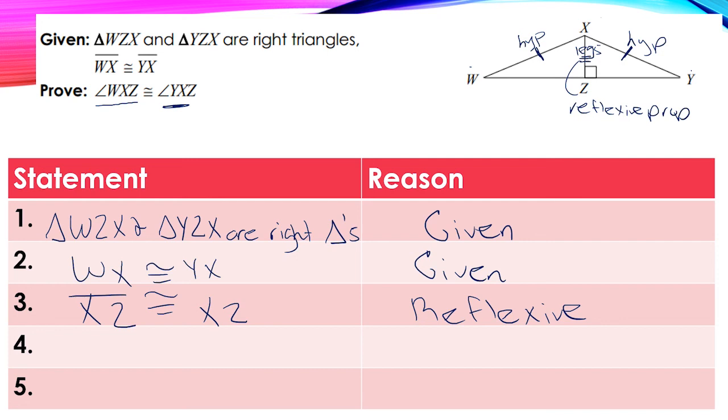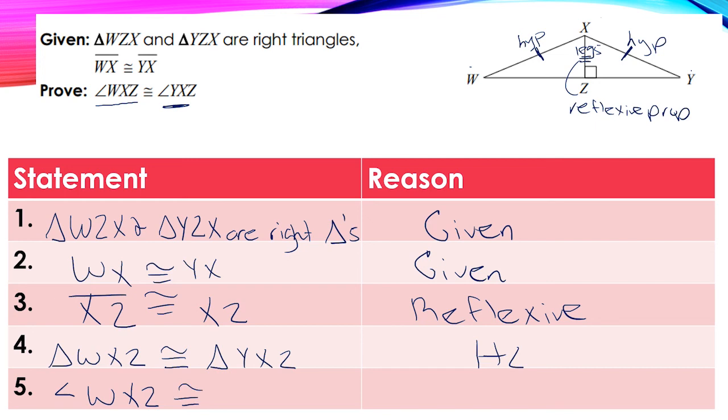And so we could say that triangle WXZ is congruent to triangle YXZ by the hypotenuse leg. And so since these two triangles are congruent, we can automatically conclude that these two angles are congruent. Angle WXZ is congruent to angle YXZ because of CPCTC.